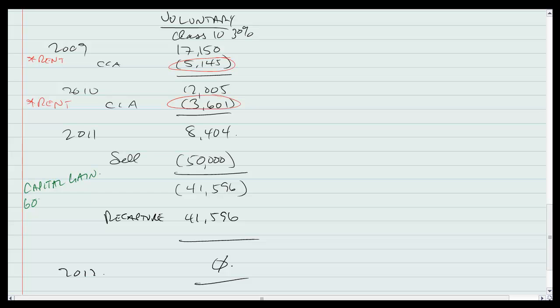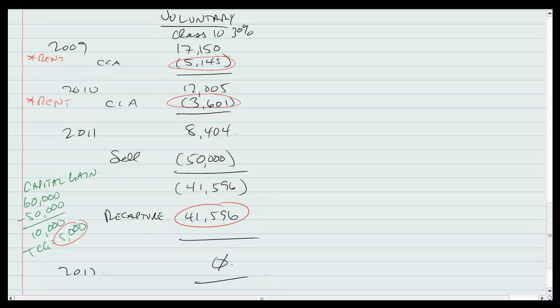So the gain is 60, their proceeds, minus 50, their cost, that's 10. So they would have a taxable capital gain of $5,000 to go to income this year. We'll circle it in red. That would also go to income. So recapture would increase income, and as would the taxable capital gain.